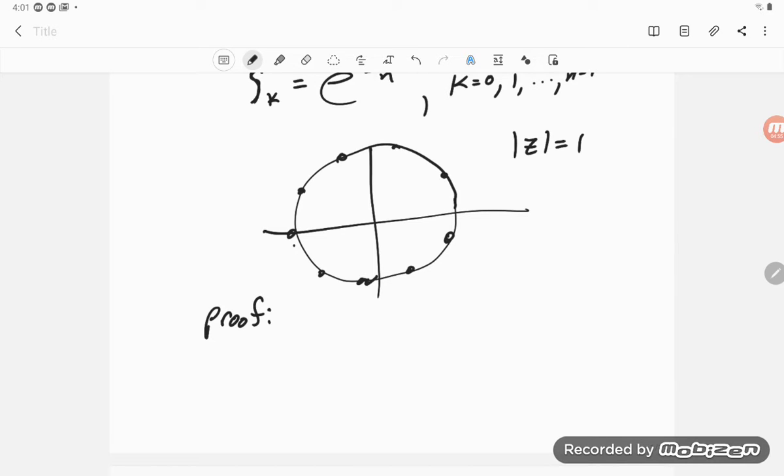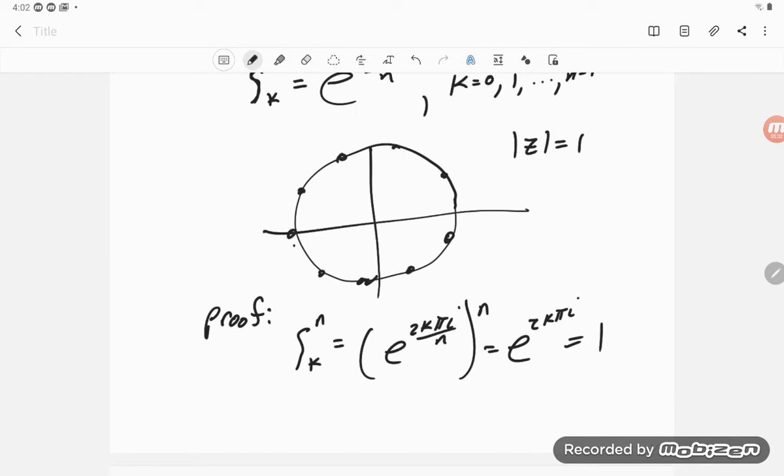So if we look at the kth root to the n, I was looking at that upside down, we have e to the 2k pi i over n, raise that to the n, and, well, that'll be n over n, so that's just e to the 2k pi i, and we know that that's 1. We've already had that by de Moivre's theorem.